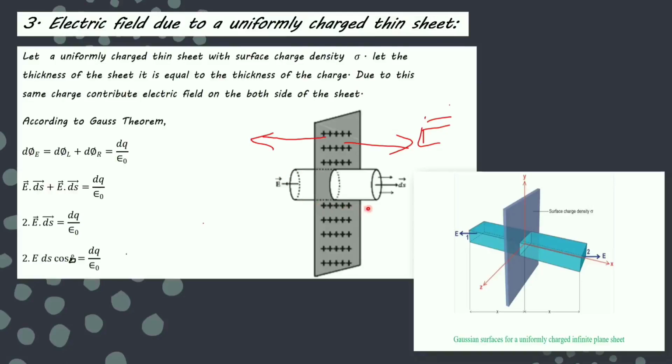Choice is yours, and accordingly you will be able to write the steps, but of course the result will come out the same, because here the direction of the electric field is outward this way, and here also it is this way. And if you take the area vectors for the different parts, like again we have done this, I am taking this as the first part, this second, and the cylindrical surface can be taken as the third part.